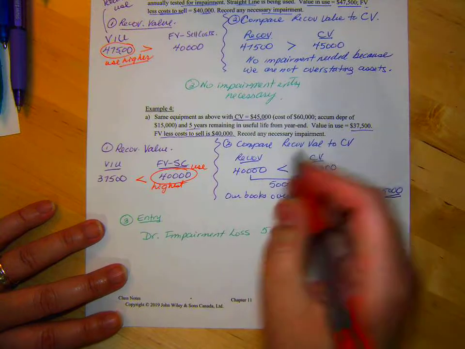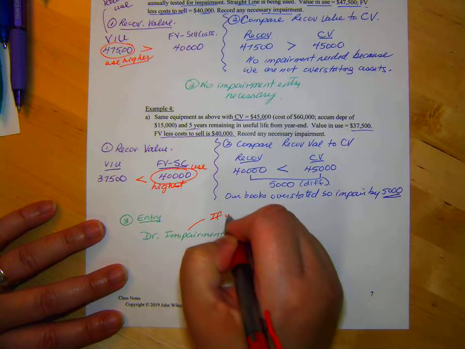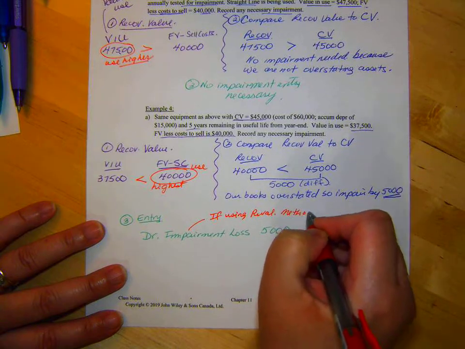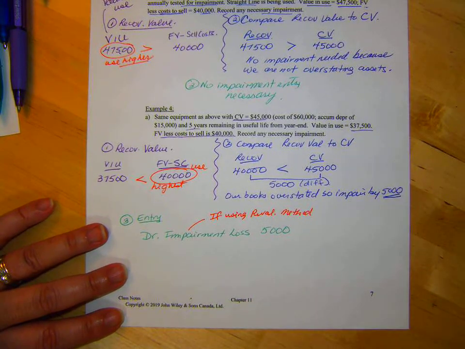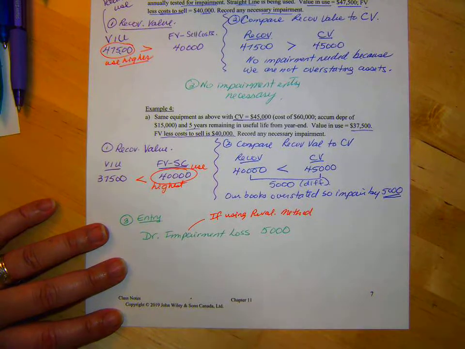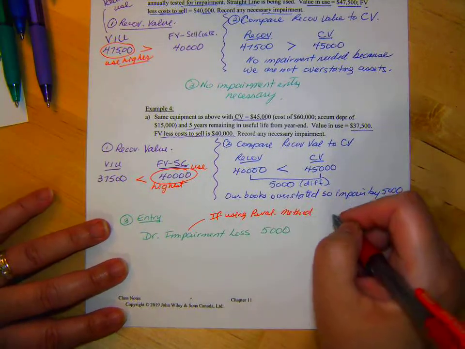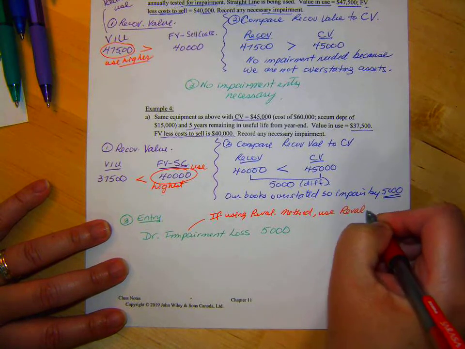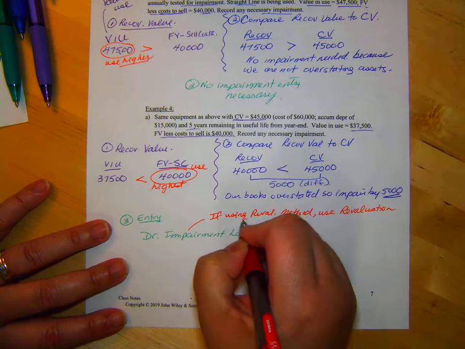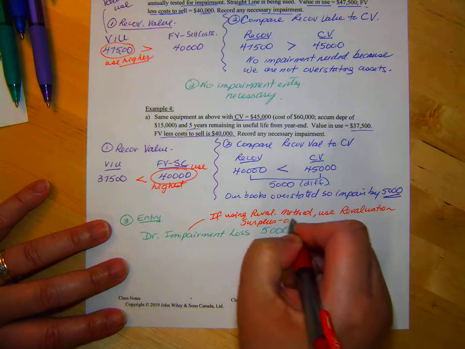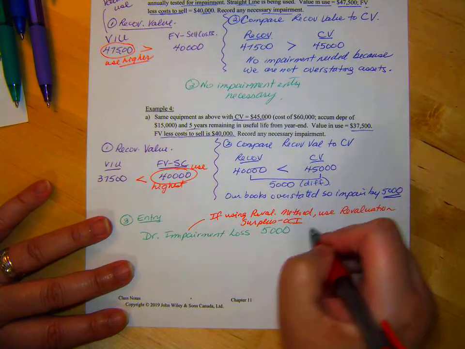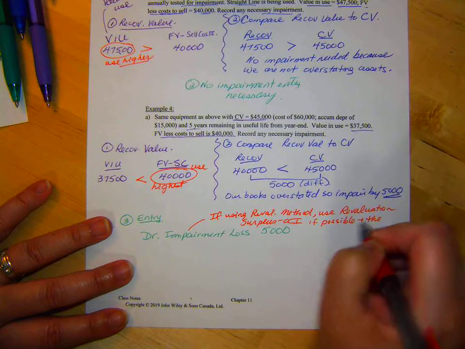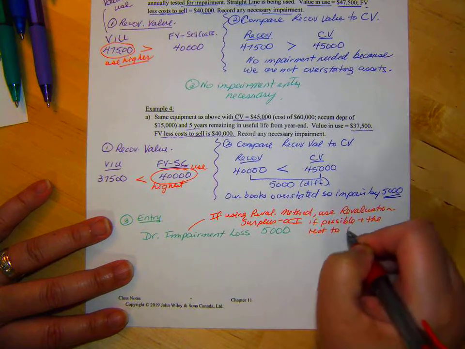Bearing in mind, if using revaluation method for keeping track of our assets, you know, where we can write it up to fair value every 3 years or cyclically, we have to use revaluation surplus OCI if possible, and the rest to impairment loss.